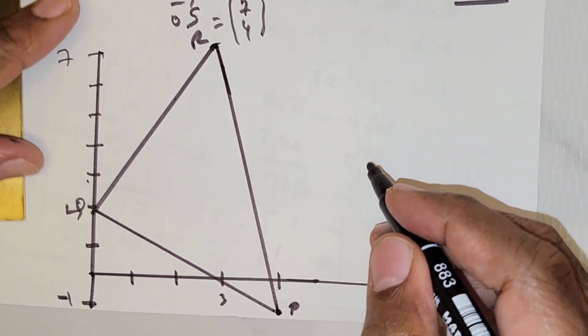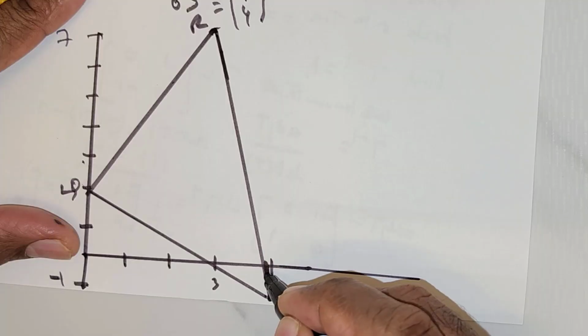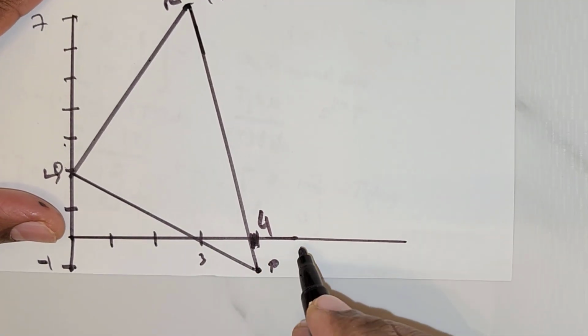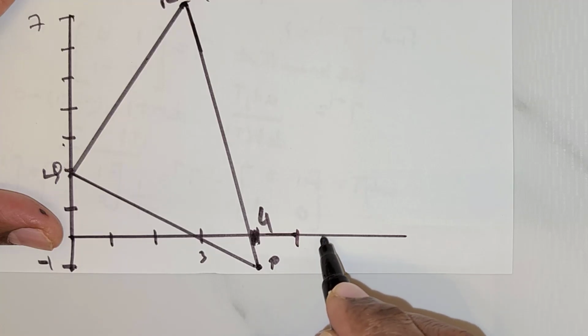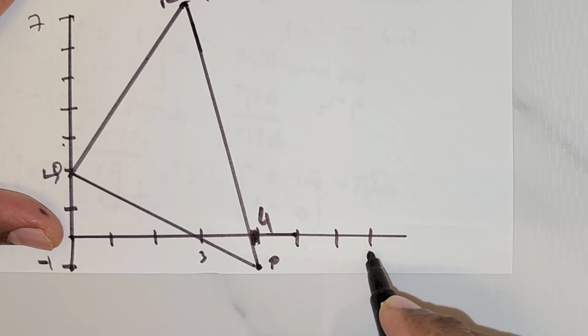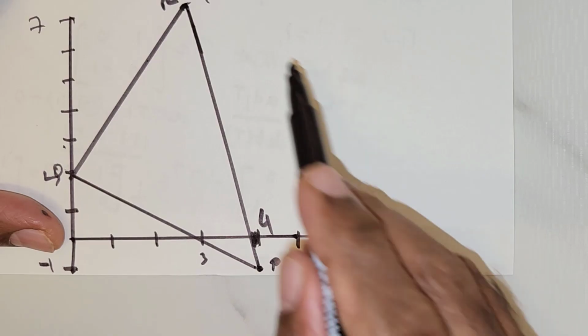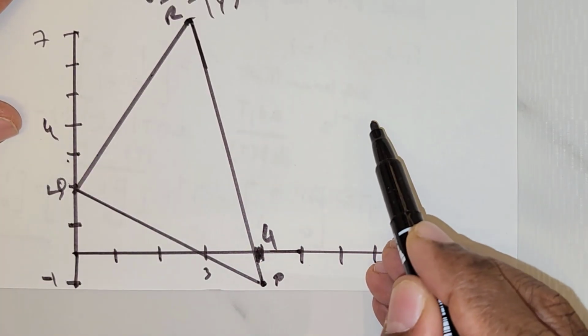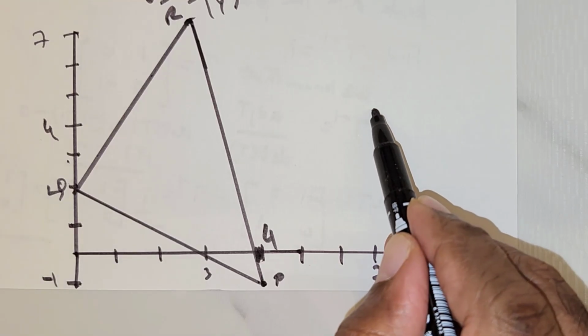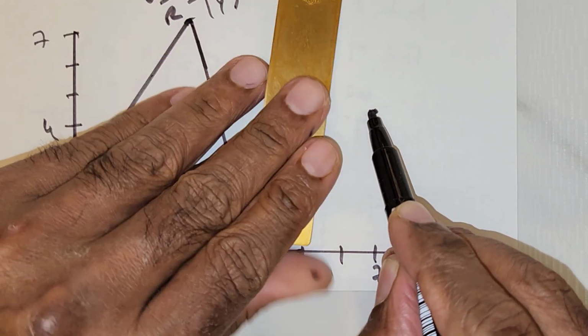and then we are asked to draw, okay, this is 4, you are asked to draw OS, so this is 5, 6 and 7, and 4, 1, 2, 3, 4, this point is 4, so you have S is some area.